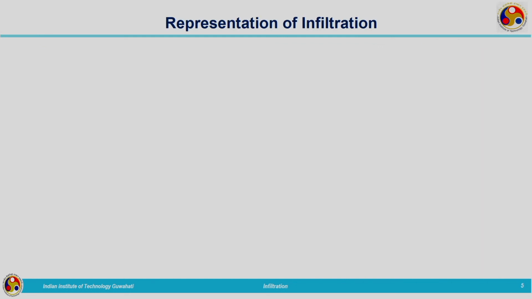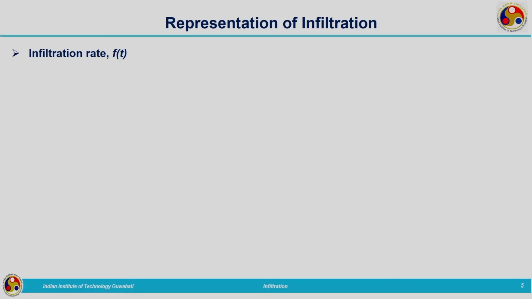Now, we need to know how the process called infiltration can be represented, because for any analysis we need to have proper representation of the hydrologic processes. One way of representing infiltrated water is by means of infiltration rate.